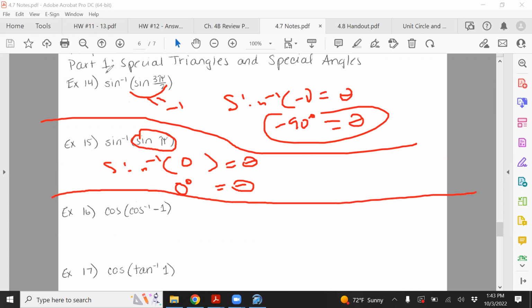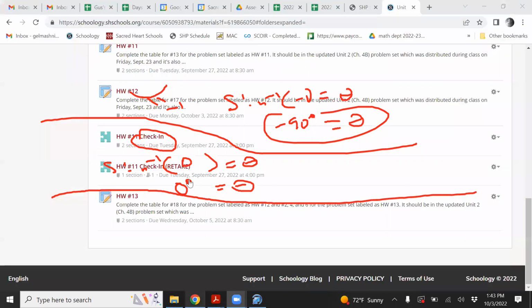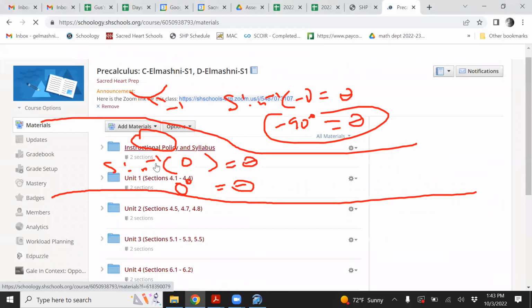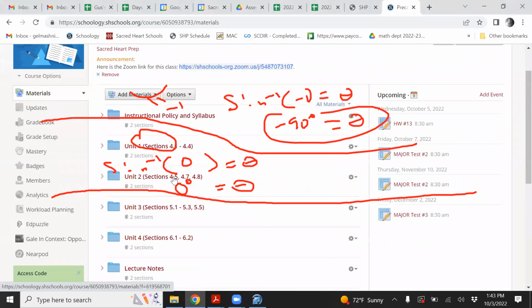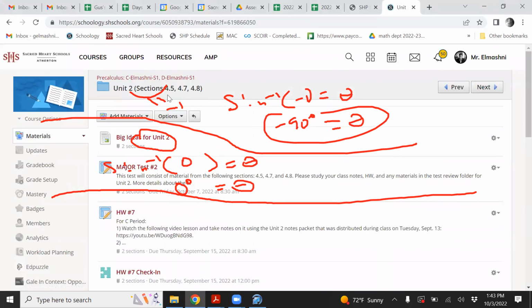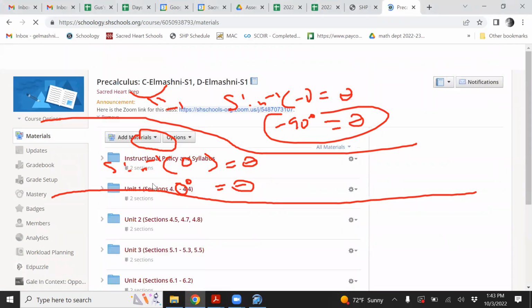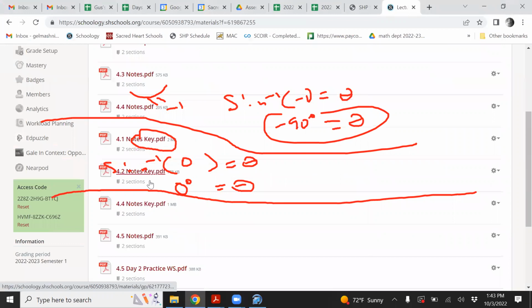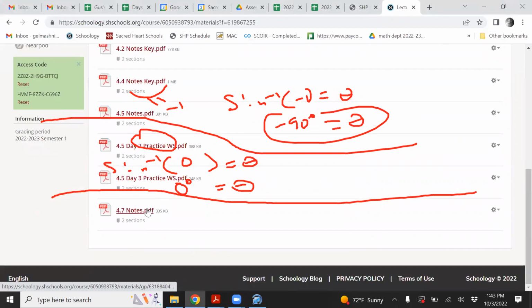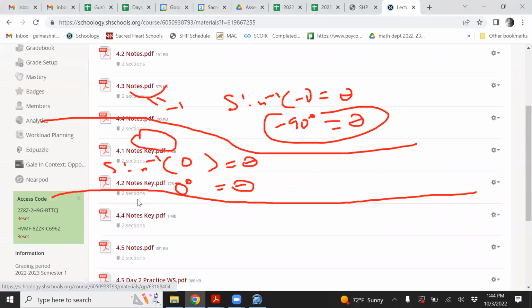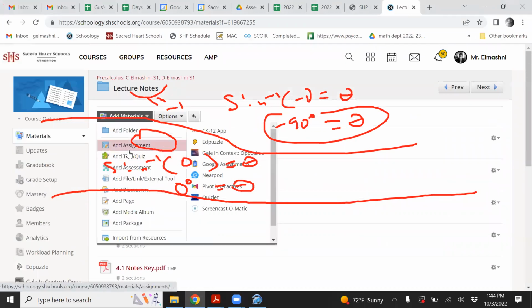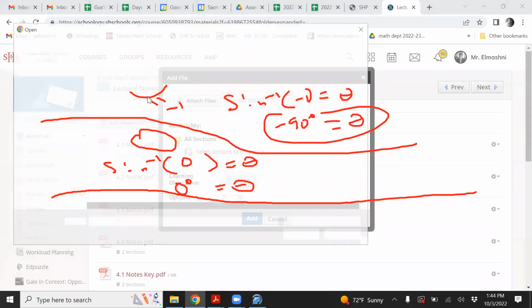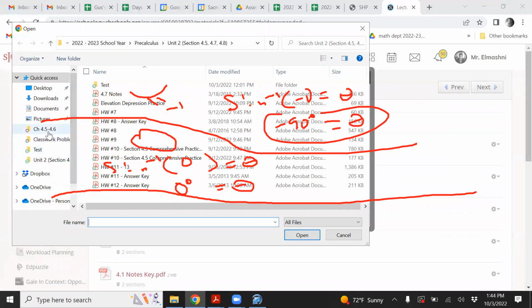Oh, these notes? Oh, sorry about that. Let's update right now. Actually, I was so focused on algebra 2 this morning, so I neglected you guys. It's my fault. Hold on. Lecture notes. No, it's right there. 4.7 notes are there. You need the 4.8 notes, though. Let me add that really fast. One sec.